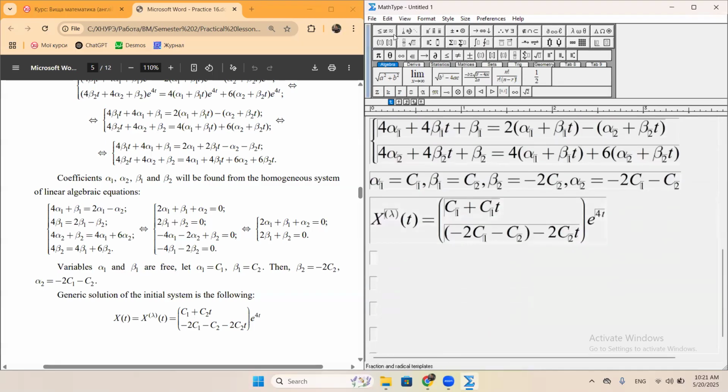So if I write it down in a more convenient way, x will be equal, multiplying it by e to the power of 4t.